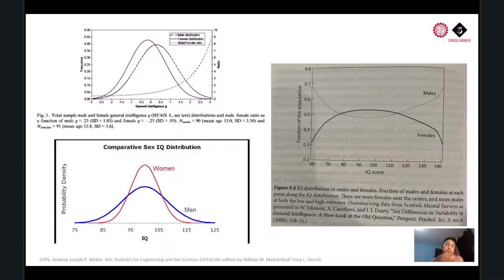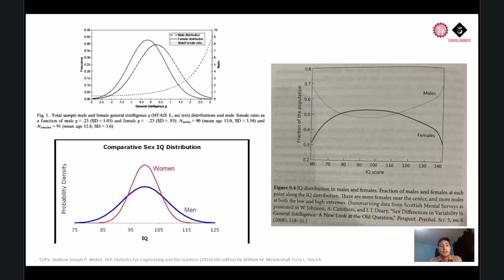As you can see from the upper left, the average IQ for both sexes is different. One is, of course, greater than the other. If you look at the x-axis, the unit for the general intelligence g is standardized, because you have zero, negative, and positive numbers in terms of standard deviation.